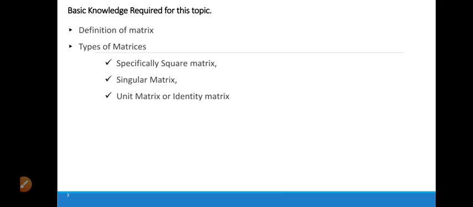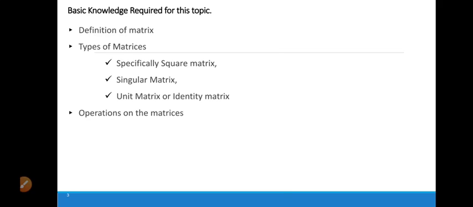Singular matrix is a square matrix whose determinant is non-zero, and identity matrix is also a square matrix whose diagonal elements are non-zero and the non-diagonal elements are 0. So these are the types of matrices you are going to frequently use in this unit number 1.